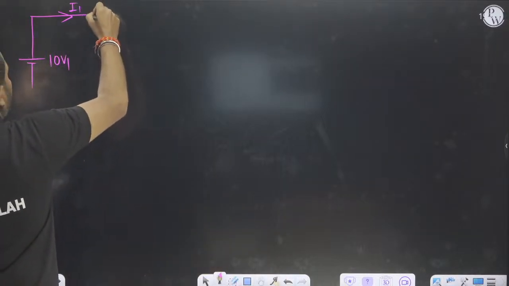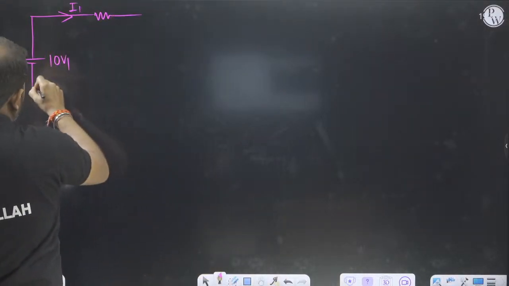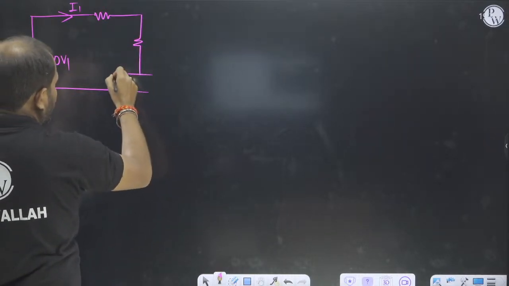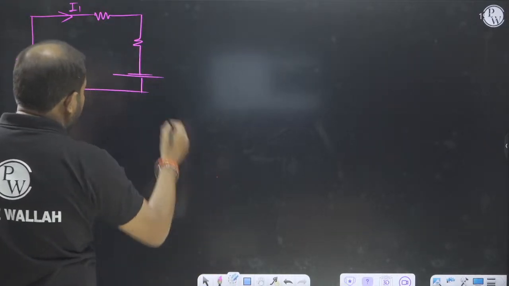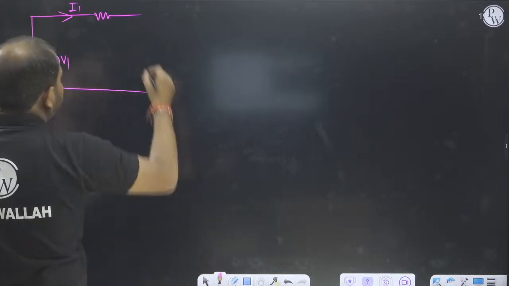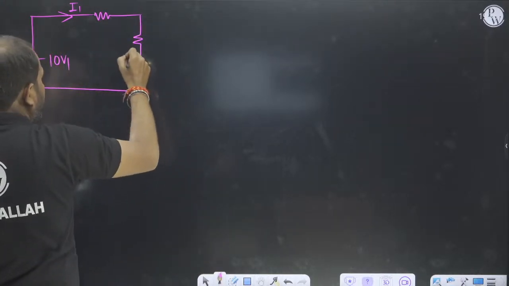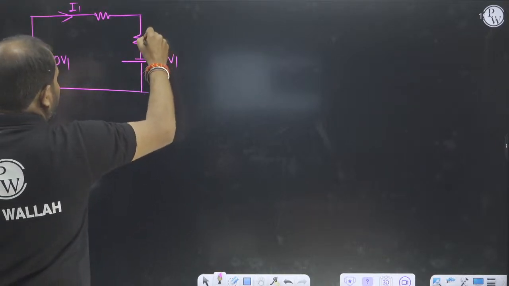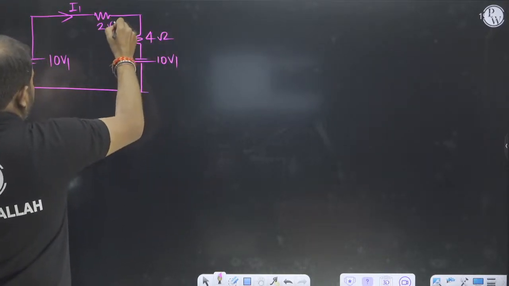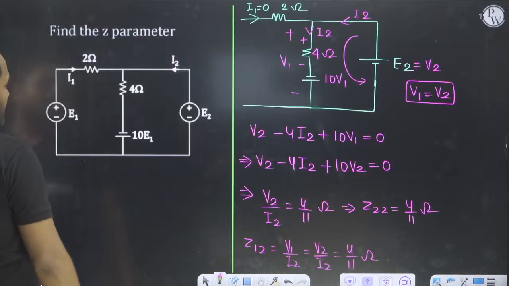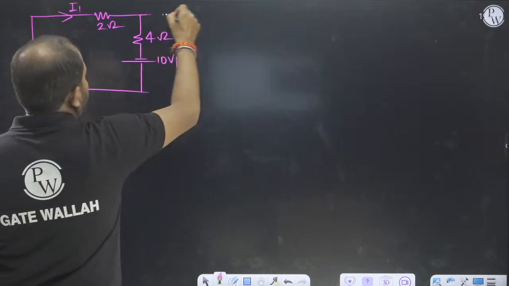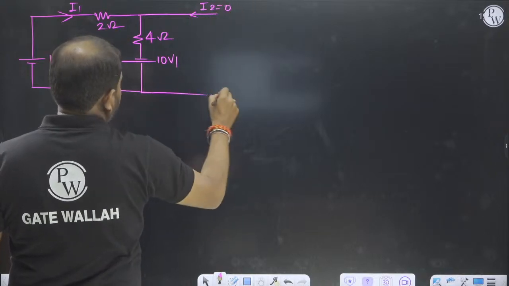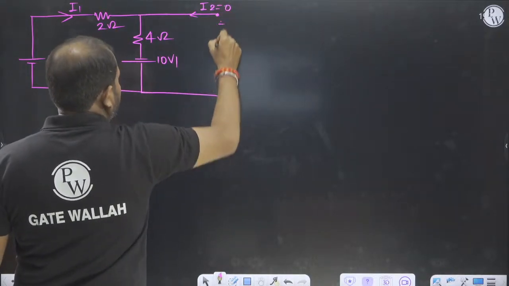This one is the resistance, this one is the voltage minus 10 V1, and here I2 is equal to 0, and this is the voltage V2.